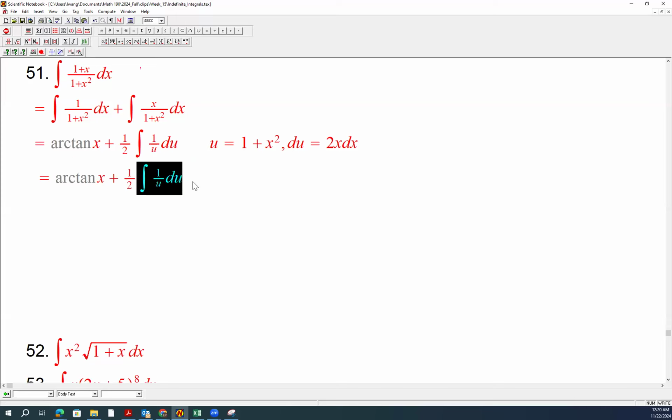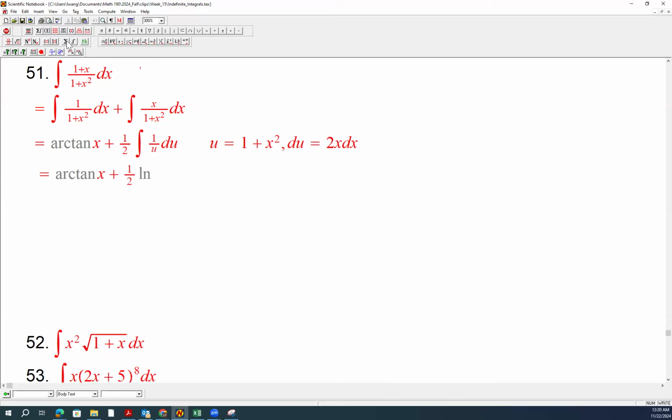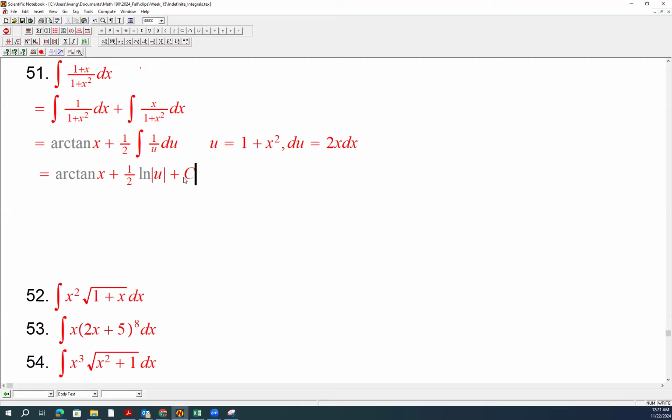And this is going to be ln absolute value of u finally plus the big constant. Do you think we can drop the absolute value in this case?